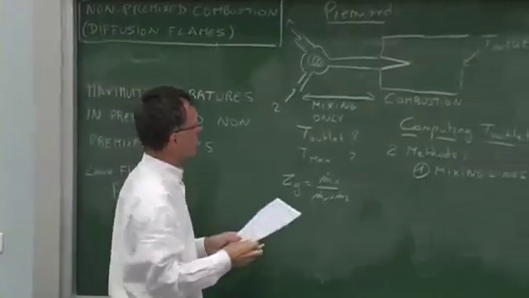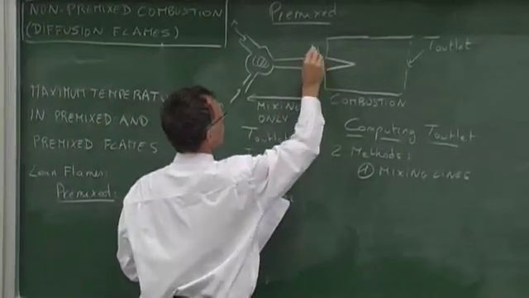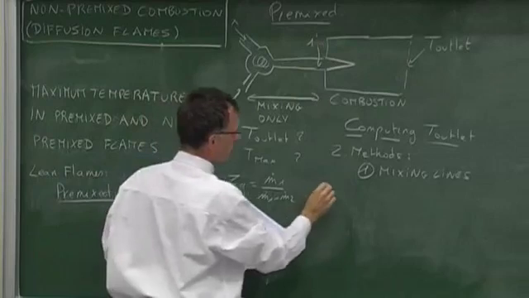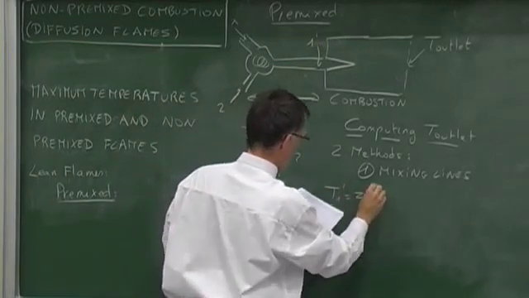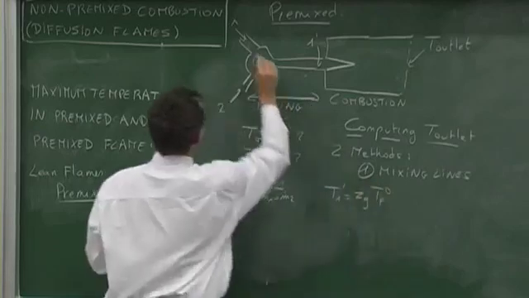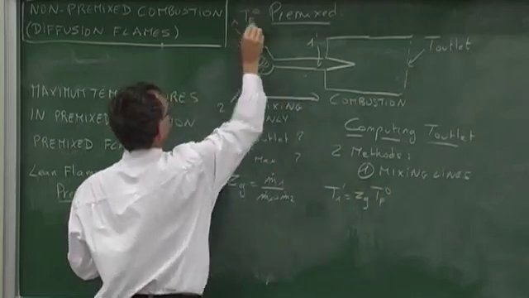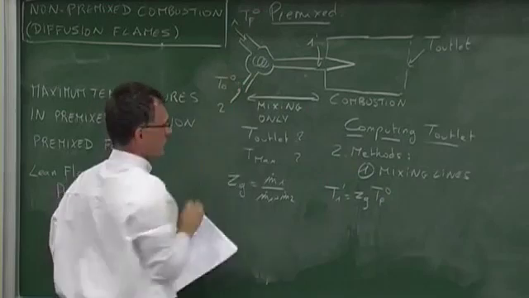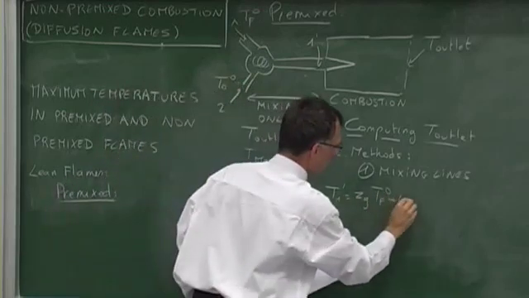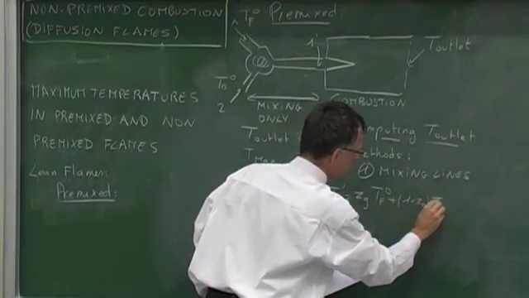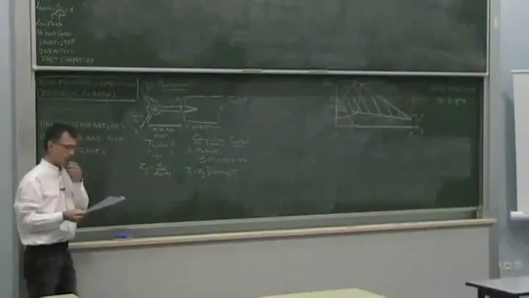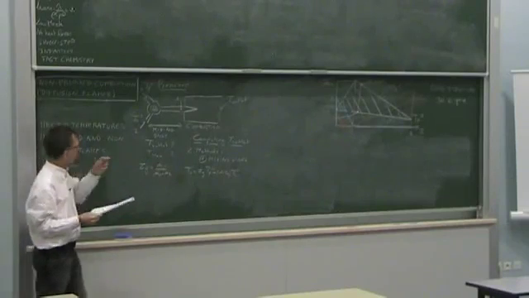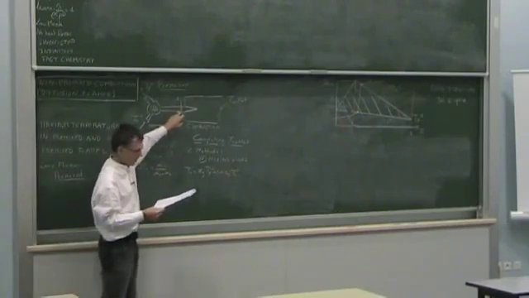And then you're going to say the temperature here at this point, 1 prime, is going to be T1 prime equals Z_G T_F0, where T_F is this temperature and T_O is this temperature, plus (1 minus Z_G) T_O0. So this is the temperature of the mixture before combustion, so it's the temperature here.